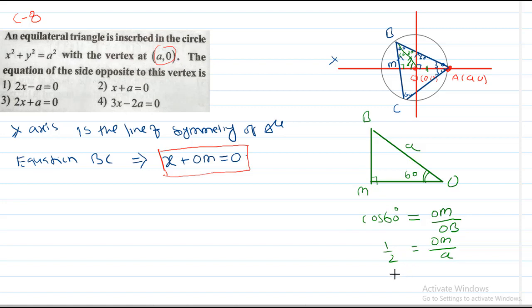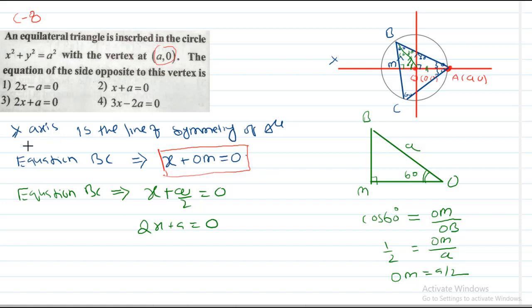So OM equals a by 2. So the equation of BC implies x plus, instead of OM I can write a by 2, equal to 0, or 2x plus a equal to 0. This is the equation of side BC. Okay students, now we can conclude that the answer is the third option.